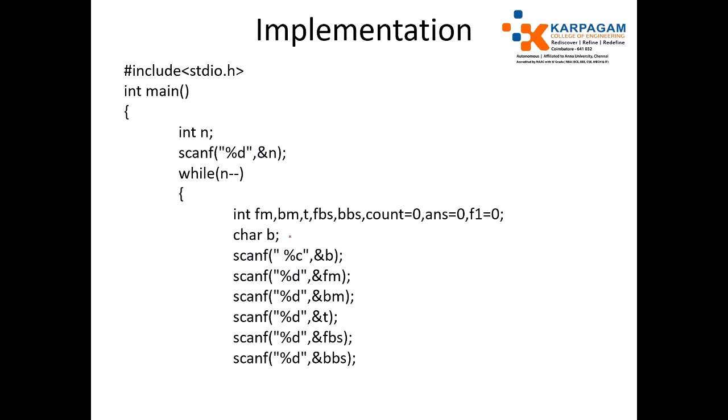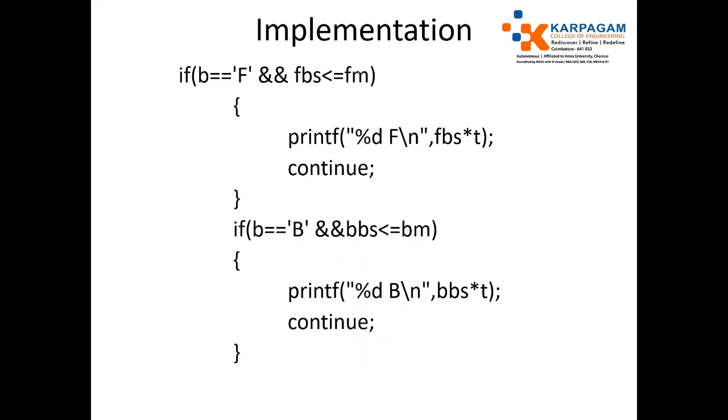So first, in implementation, just get the number of test cases, and for every test case you need to get the direction, which is a character, then the FM value, BM value, then the time taken to cover 1 meter, and the FBS value, BBS value. Next, just check if D equals F. F means forward direction, and FBS less than or equal to FM.